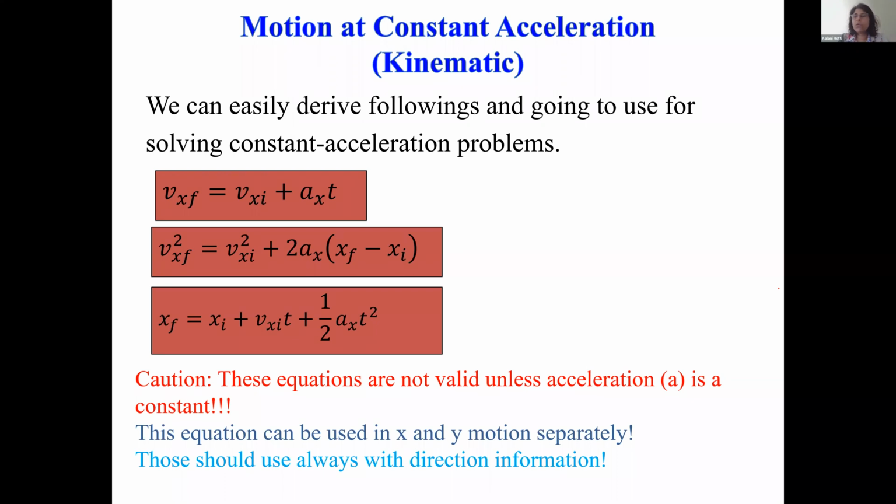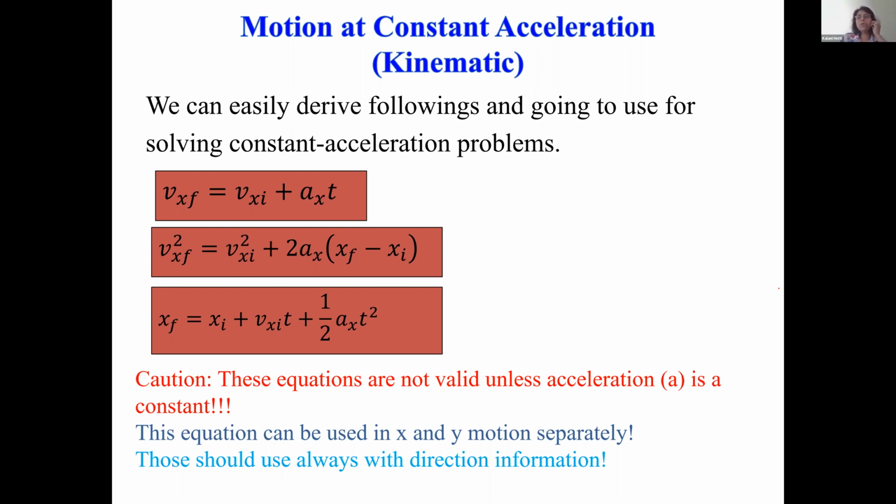I wrote all the equations towards the x direction. Different textbooks and different people use different symbols, but I think these are the most convenient symbols we can use. Because of that, I expect you to use these symbols, not the equations you learned earlier or those from other textbooks.